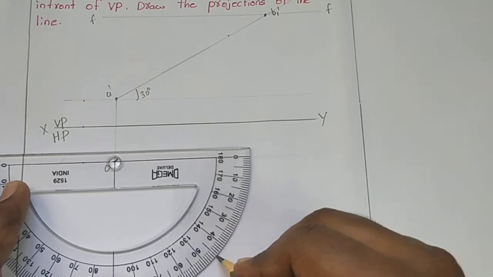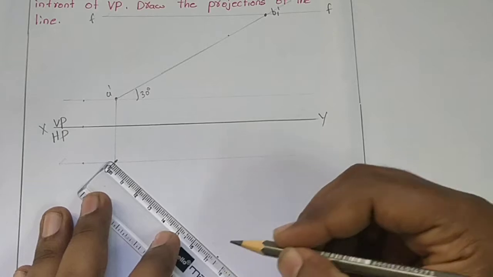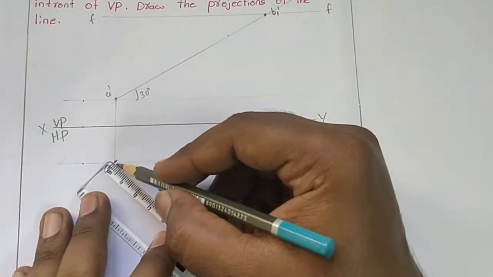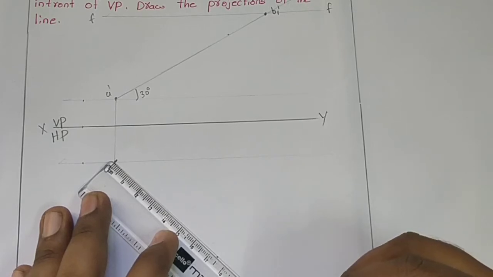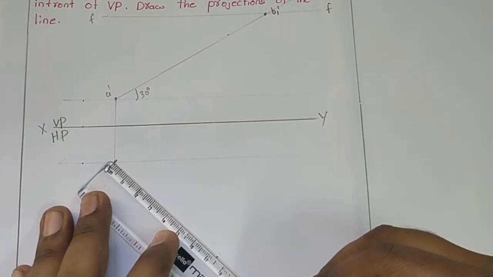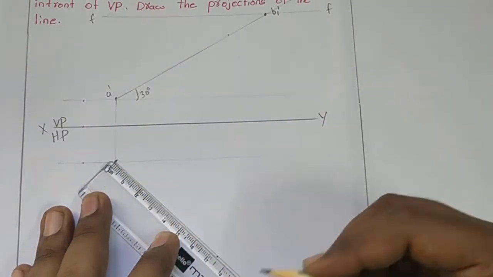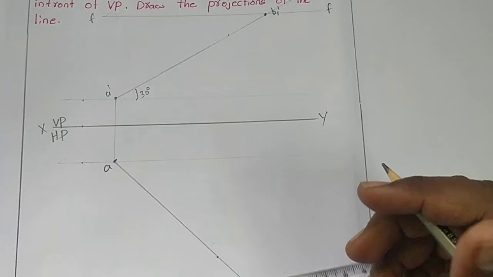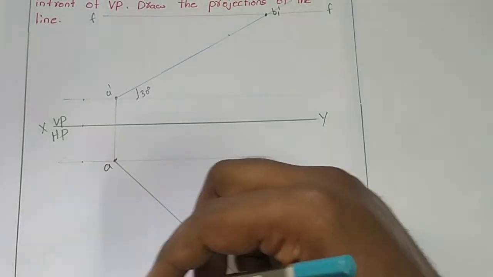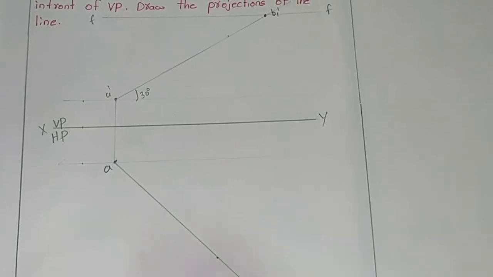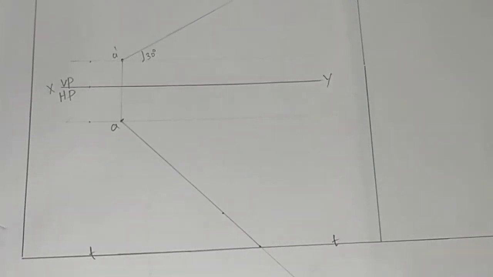On this 45 degrees line, we need to measure 100 mm length. Exactly, we got this point here. It is the locus of top view.